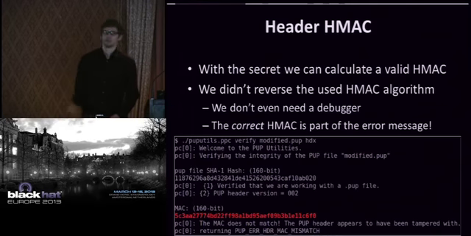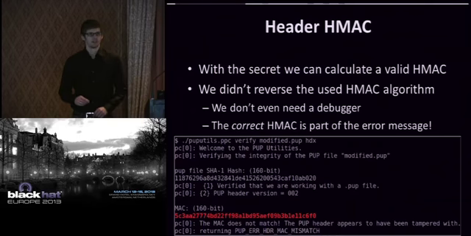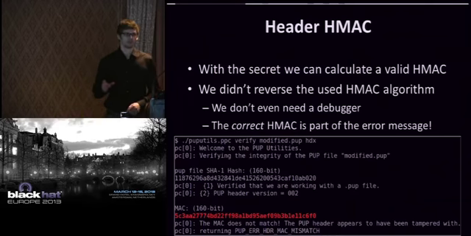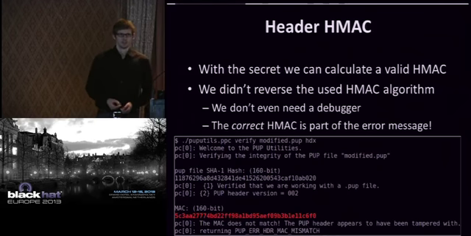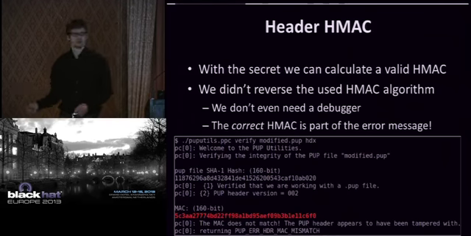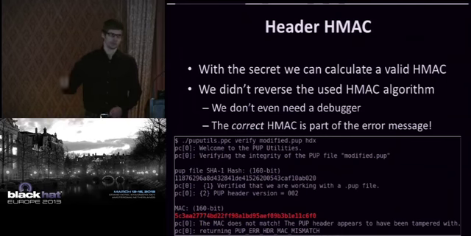However, what I highlighted in red here is not what you would expect, the MAC value which is stored in the header, but this is actually the real expected MAC value. So what you can do is you modify the header, then run this, get this error message, use this MAC value, put it inside your header, and you have a valid file again.